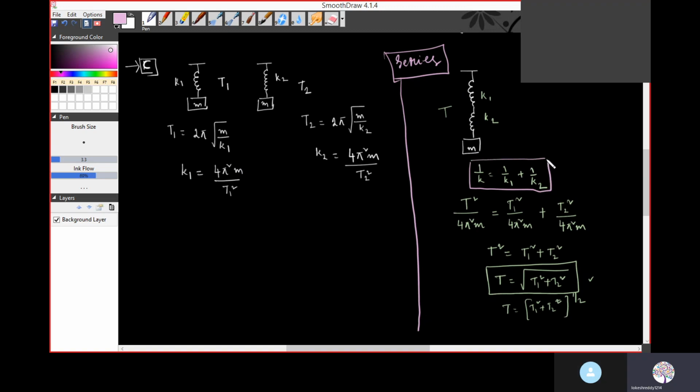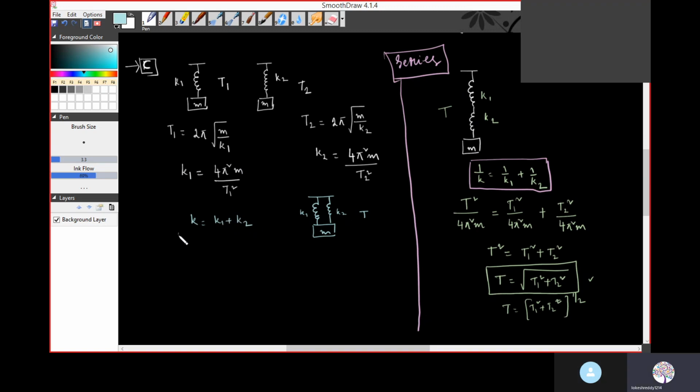Now if they say these two were connected in parallel, then what is the time period? Then I'm going to do it like this. This is the parallel connection. Say this is K1, this is K2, and the time period now is T. Now we know that K is equal to K1 plus K2.